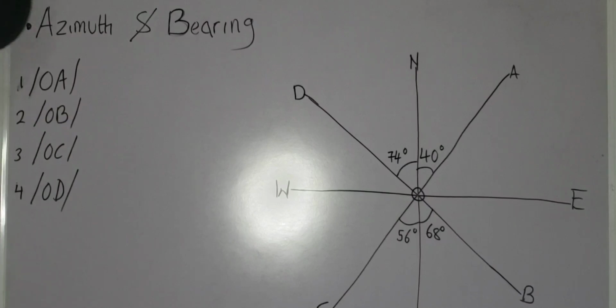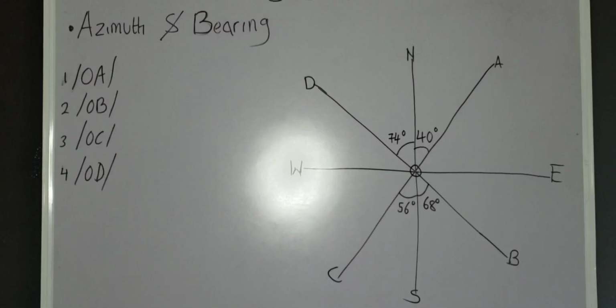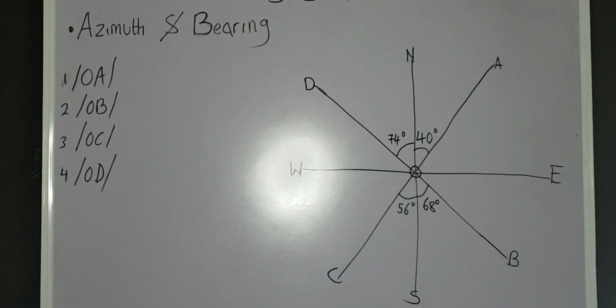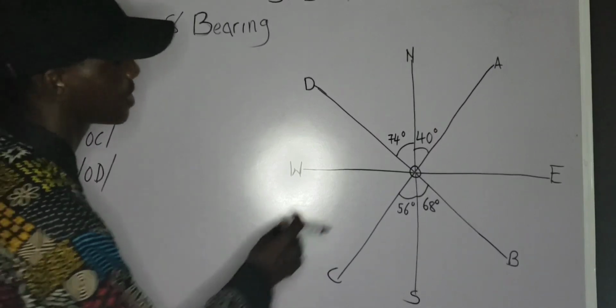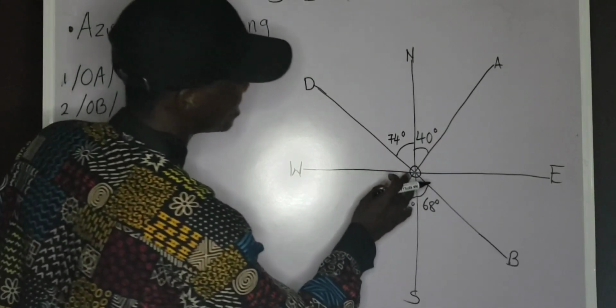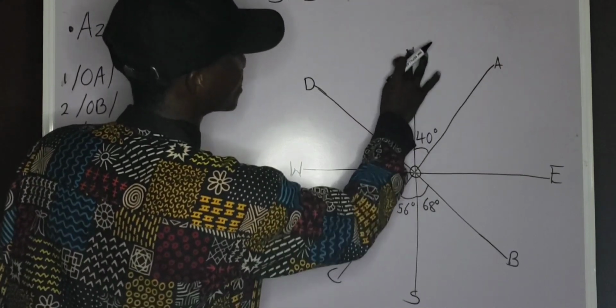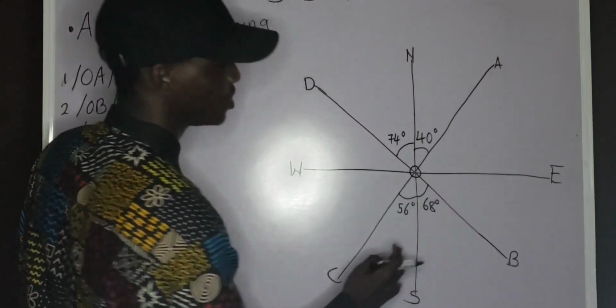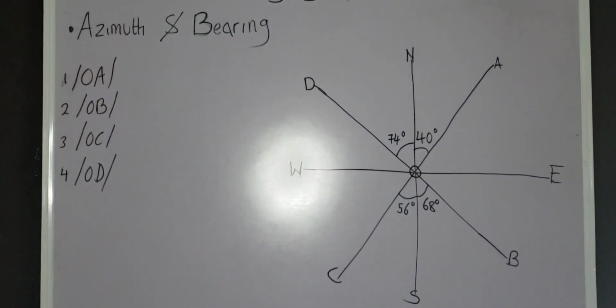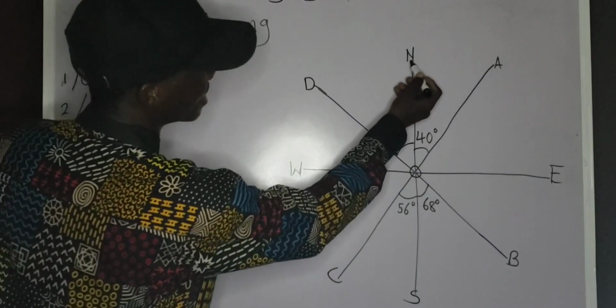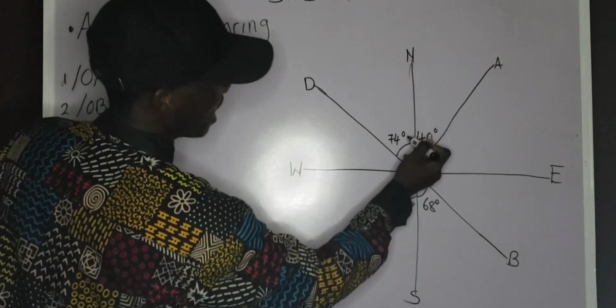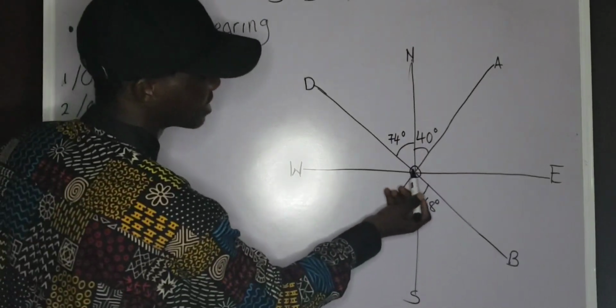Now let's start with the azimuth of line OA. Don't forget that I told you azimuth refers to the clockwise horizontal angle from the north direction. So the azimuth of line OA will be the angle that lies between the north line and the line OA. You understand? It is the angle between the line towards the north and the line that we are dealing with, in this case line OA.